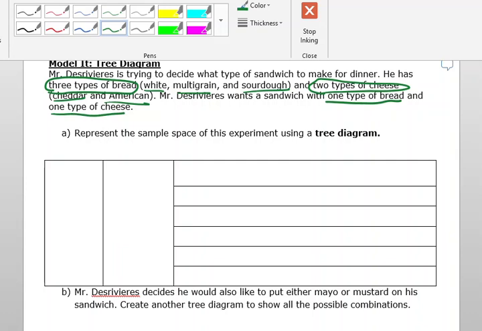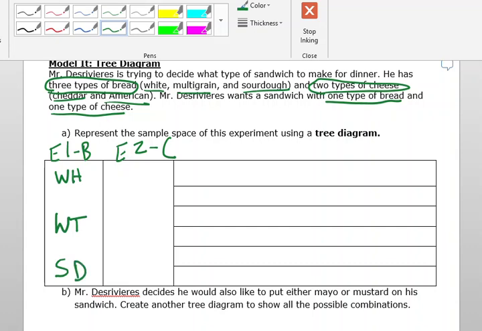So essentially what I'm going to do is the exact same thing. Okay, so my event one, I'm going to put E1 up here. My event one is bread. My event two is cheese. Okay. Event B, event C. Okay. So I'm going to have my white, my wheat, and my sourdough.